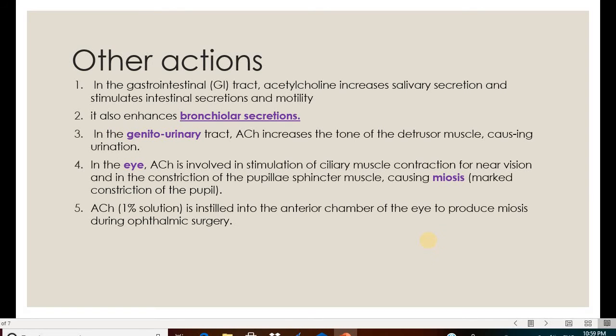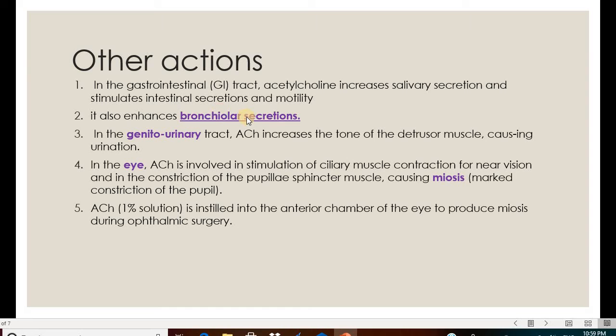Other actions include, in the GIT, acetylcholine increases salivary secretion and stimulates intestinal secretion and motility. तो जो आप GIT ट्रैक में अगर देखें, जब गैस्ट्रोइंटेस्टाइनल ट्रैक्ट है, एसिटाइलकोलिन सलाइवरी सिक्रीशन को इंक्रीज करता है. इट्स मीन more saliva produce होगा and stimulates intestinal secretions and motility, जिसकी वजह से आपकी जो digestion है वो increase होगी, intestinal secretion ज़्यादा होगी, motility ज़्यादा होगी.